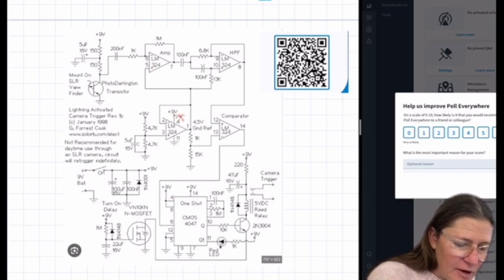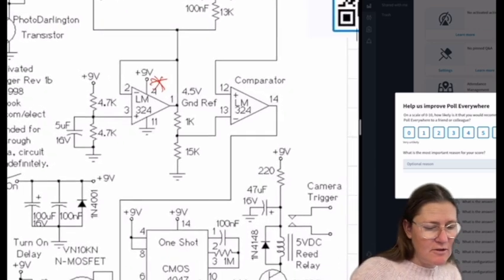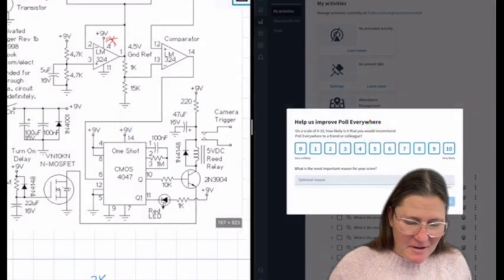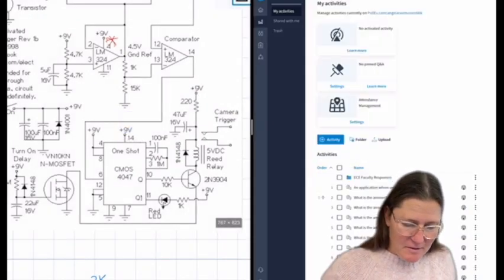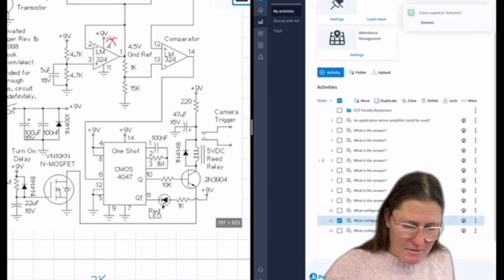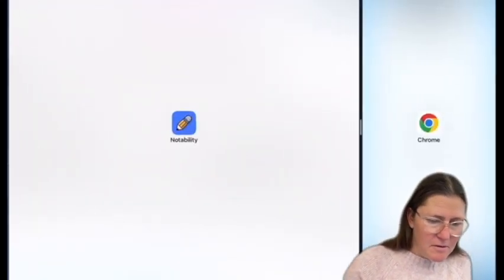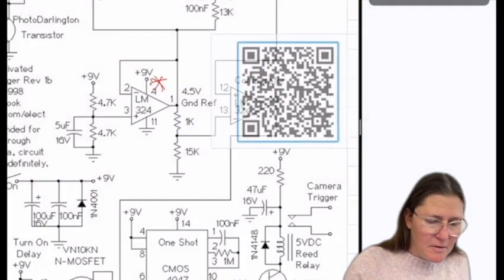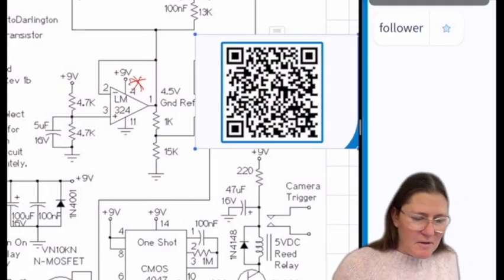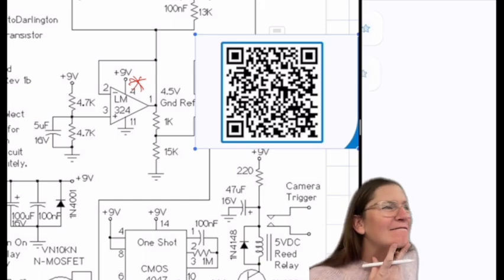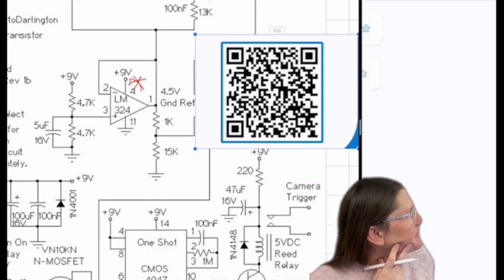So this amplifier here. Yeah, I'll hide them for a second. All right, determine what that one is.